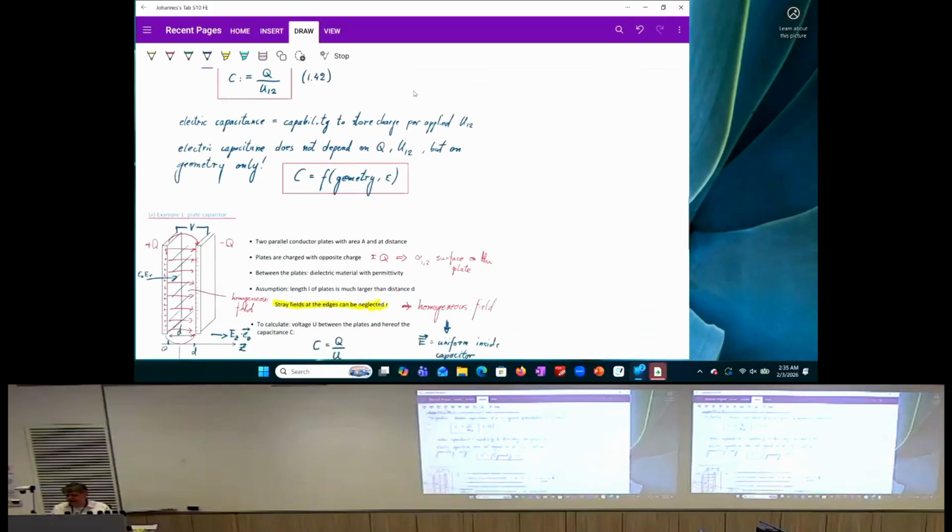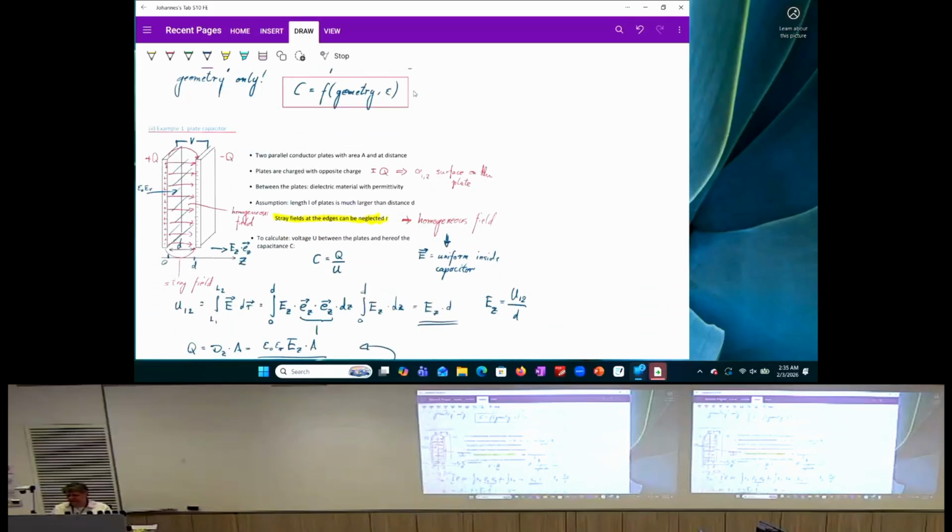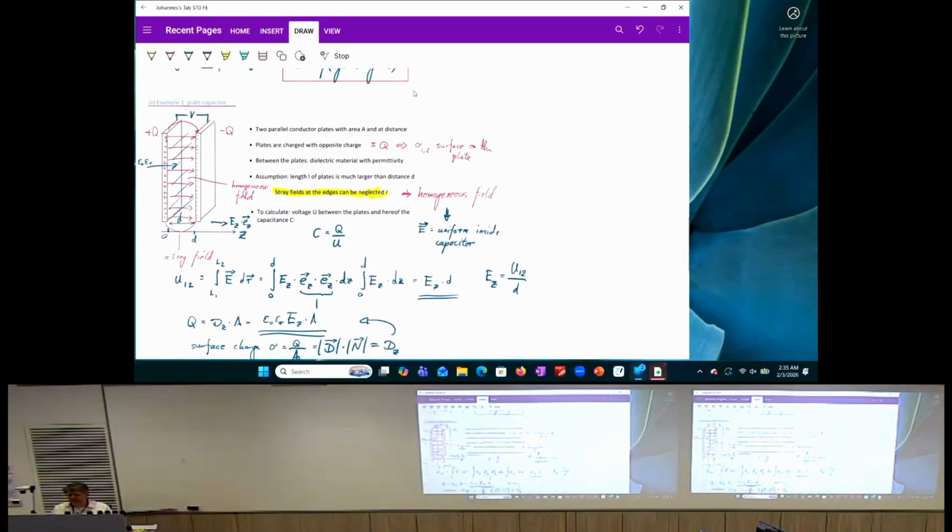And now we wanted to quantify what is this capacitance for the specific case where we have a parallel plate capacitor. That means we have two plates which are large in extent, large in plate area compared to the separation of these two plates.